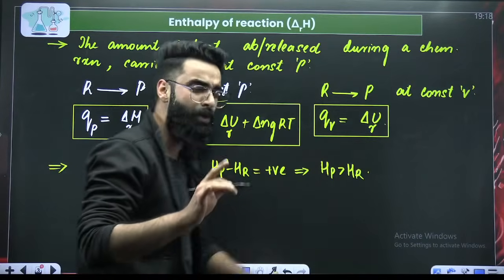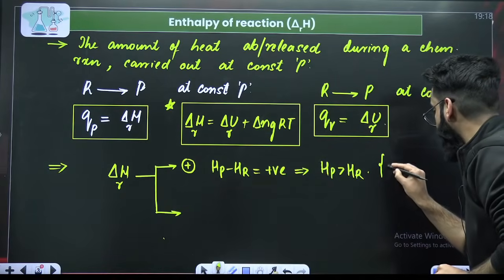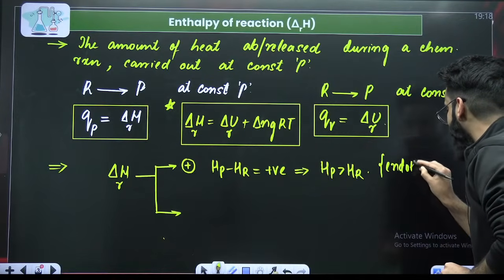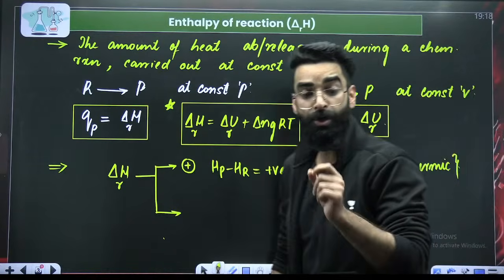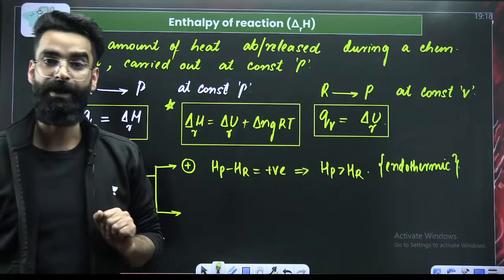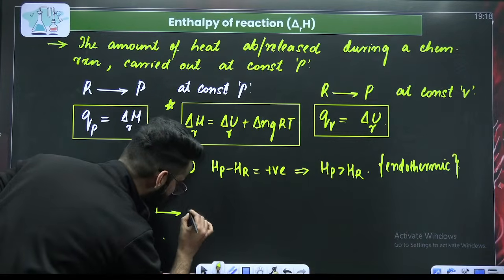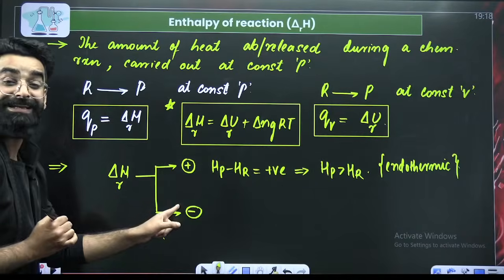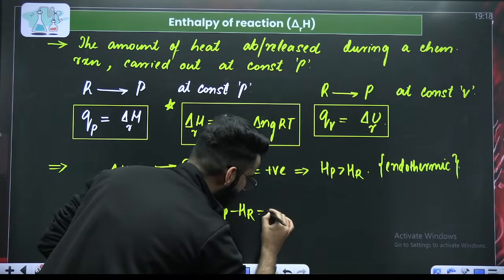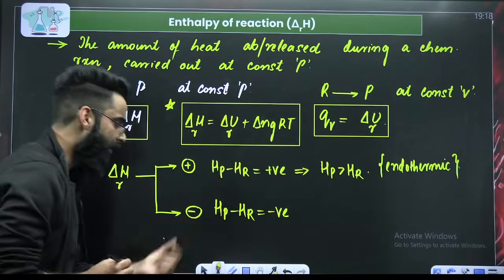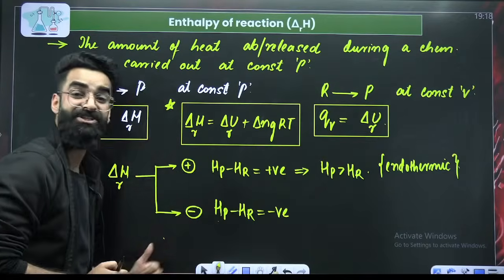Those sort of reactions which have got delta H positive, you call them endothermic reactions. Point number two. Those particular reactions which will be having delta H negative, that means enthalpy of products minus enthalpy of reactants, this term will come out to be negative. When can HP minus HR be negative?